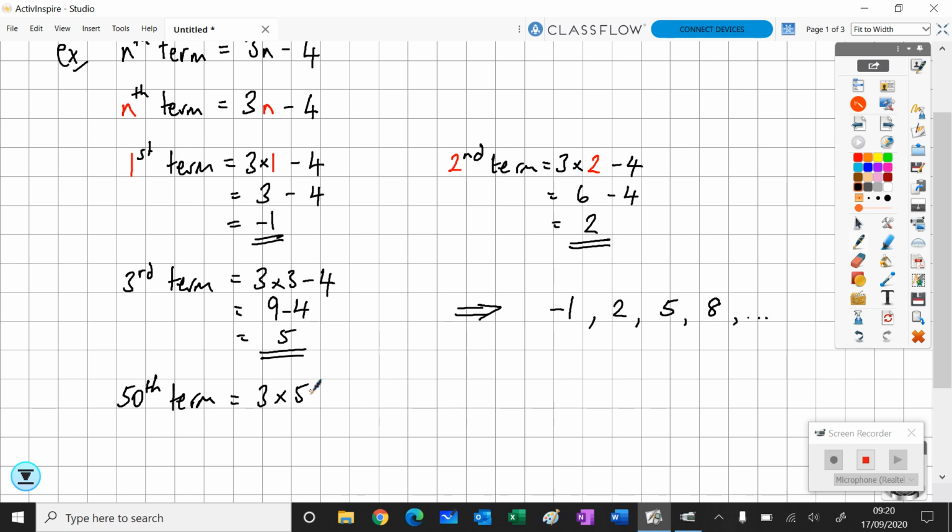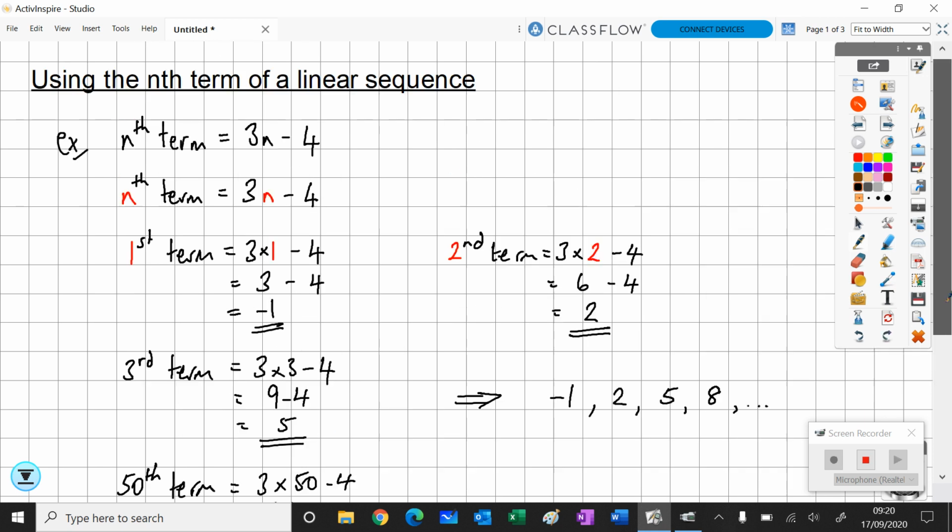So 150 take away 4. The 50th term is definitely 146. There's no need to work out the 5th term, 6th term, 7th term, and keep working our way up to get the 50th term. We can jump into the sequence at any position that we like. So that is how to use the nth term in the most basic way.